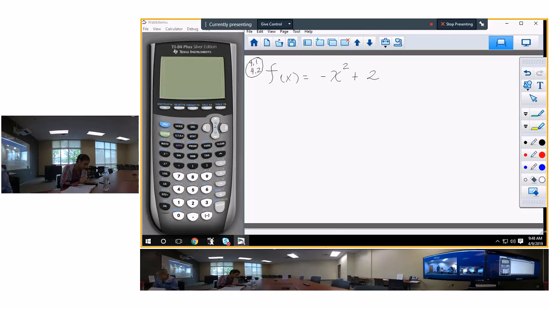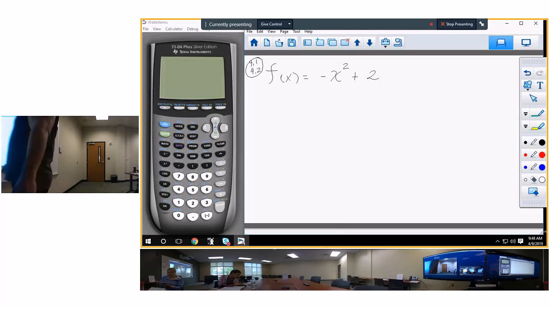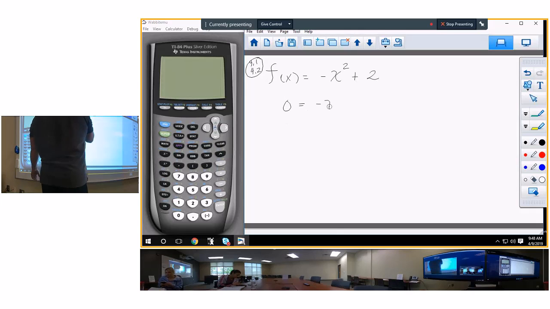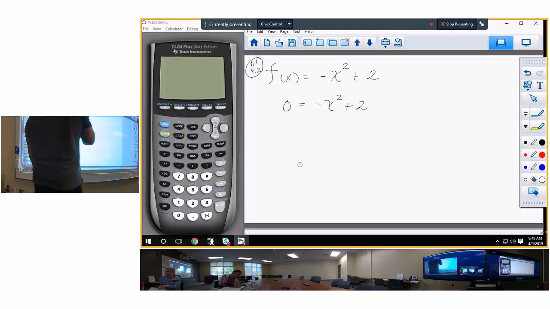I'm going to do complete the square. And this is just kind of a review over what to find. So that's going to be negative x squared plus 0x plus 2 is equal to 0.